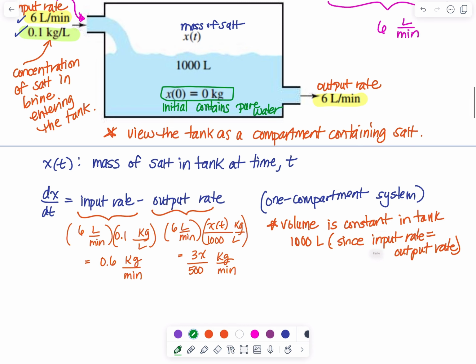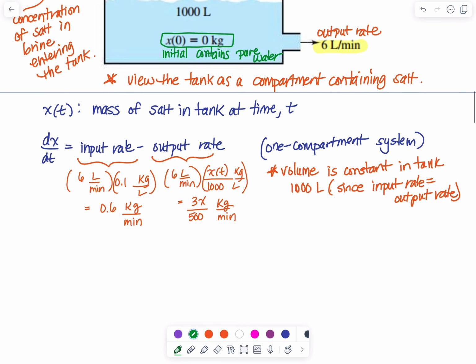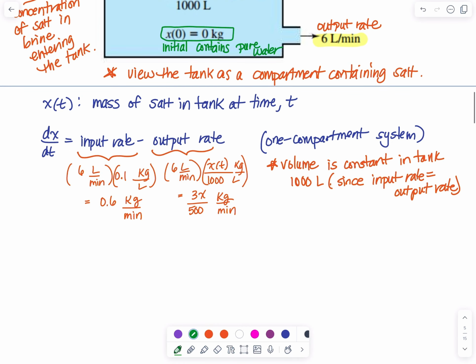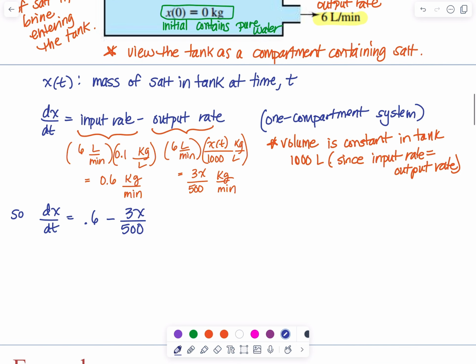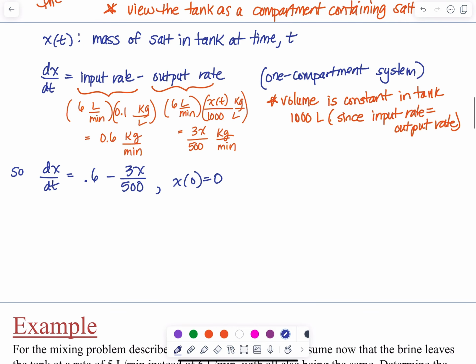So let's go ahead and use our model here and continue plugging these in. So we have dx/dt is equal to 0.6 minus 3x over 500. Now, we also have this IVP because we have x, the amount at time 0, is 0.